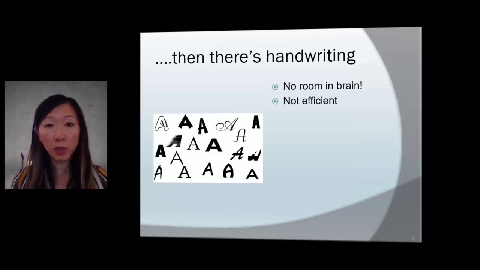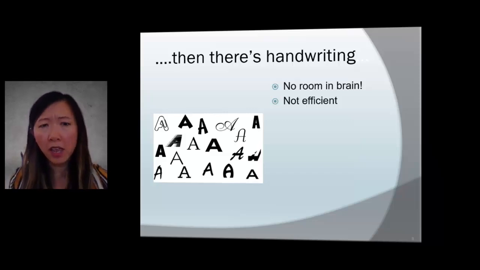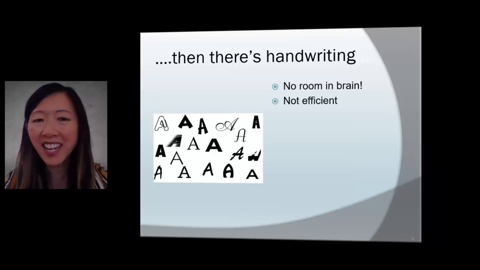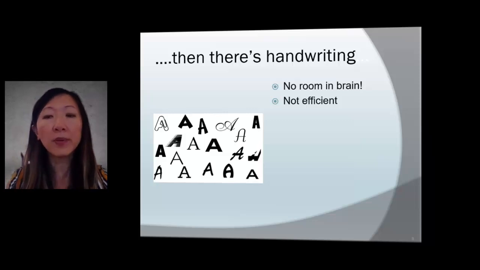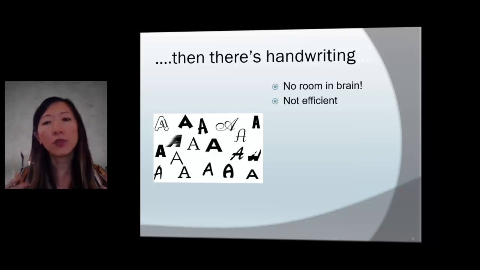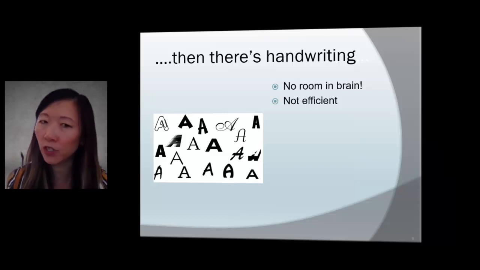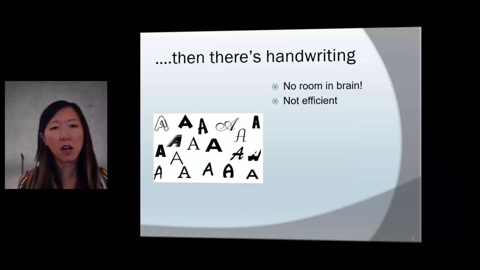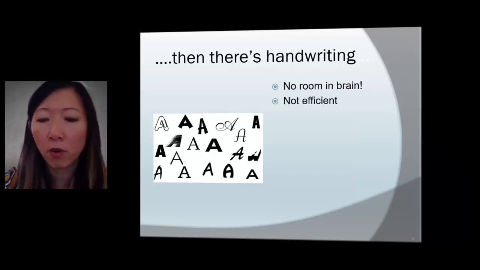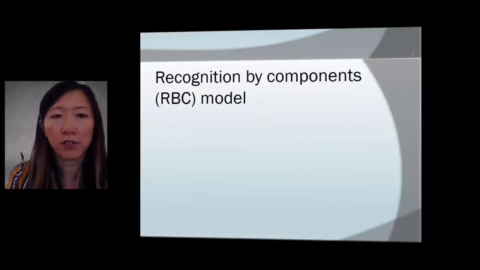We understand what it is, we can put it into a word and have meaning, but it doesn't look anything like what we would consider an actual A. So there's something about an overall typical A that we can match to, maybe a prototype of an A, but let's hold that thought before we go into that.